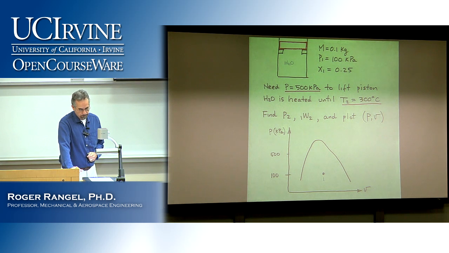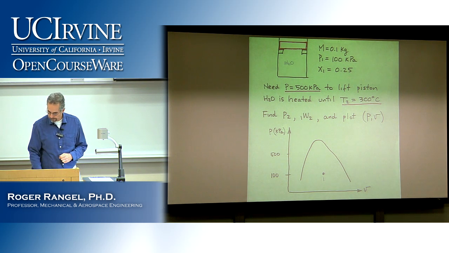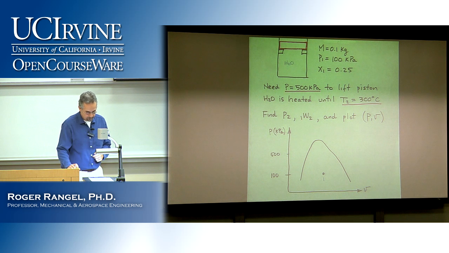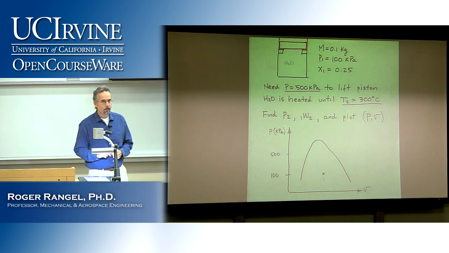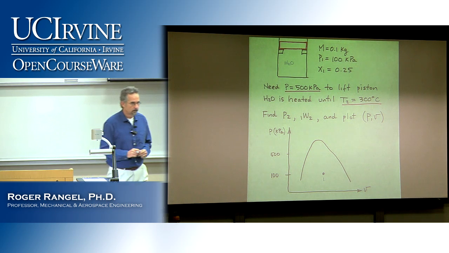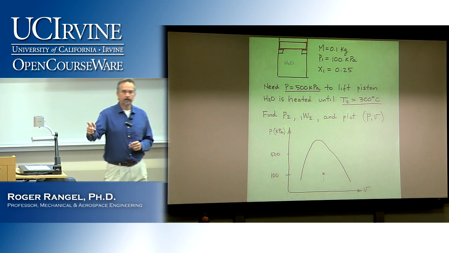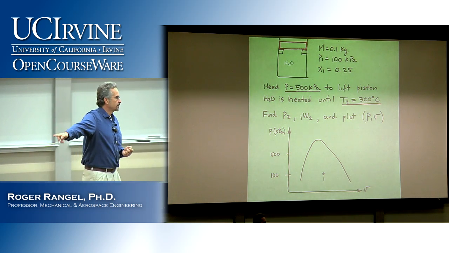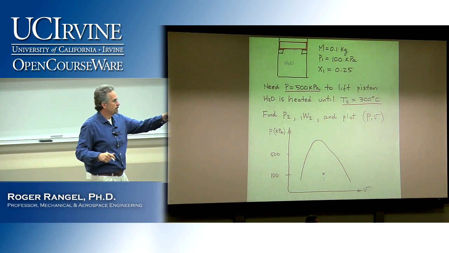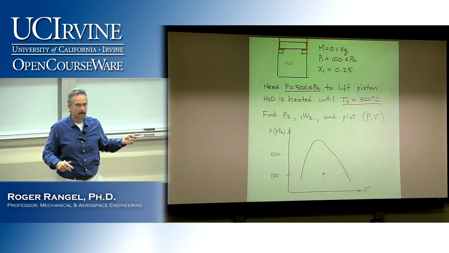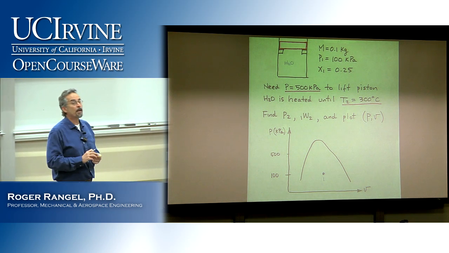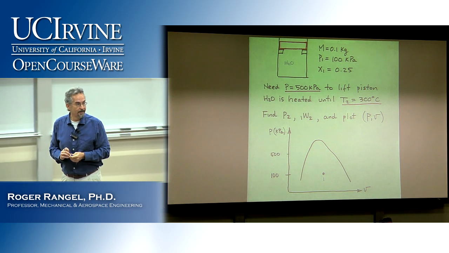Okay, so what happens next? Where do I go from 1? Up and to the right? How about maybe up and to the left? Where do we go? Straight up. Why?